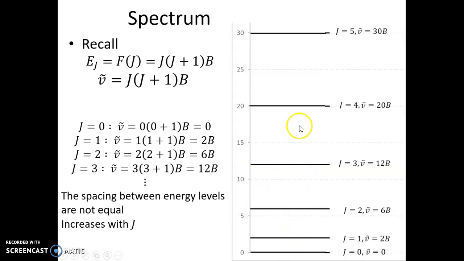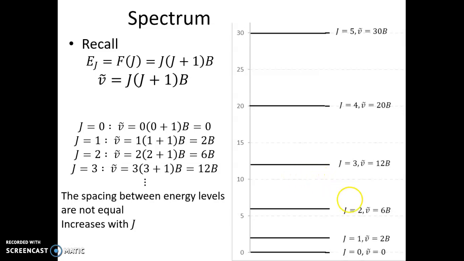It's not equal, so we may not have equal probability of jumping from one energy space to another. So let's consider transitions, remembering the selection rule of delta J equals plus or minus 1.